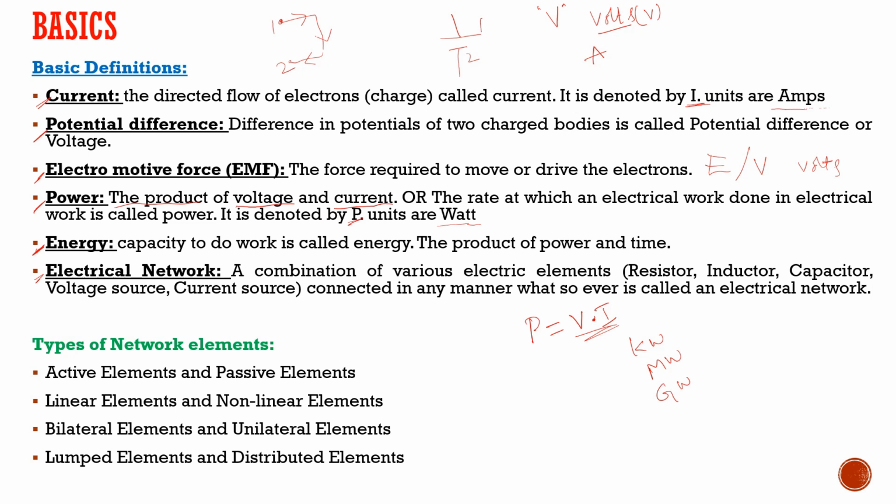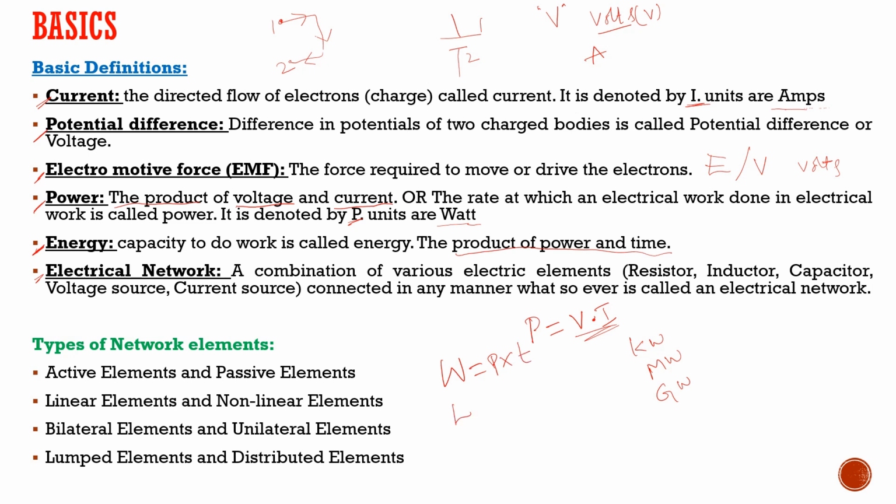And the fifth one is energy. Energy is also nothing but electrical energy. We already know there are different definitions for energies. However, the simple definition is the product of power and time. Energy is often represented by the letter W. So W is equal to power into time.